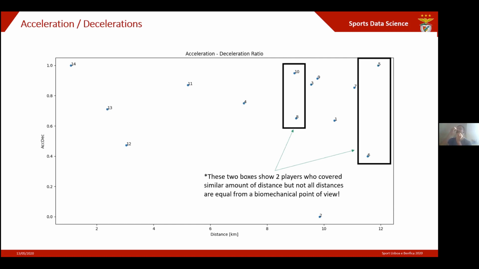Again, I'm not an expert in biomechanics, so I can't go more than that. This is just sort of data that we give them. But it lets the domain knowledge experts around biomechanics or sports scientists understand better what was the nature of this distance that they covered.